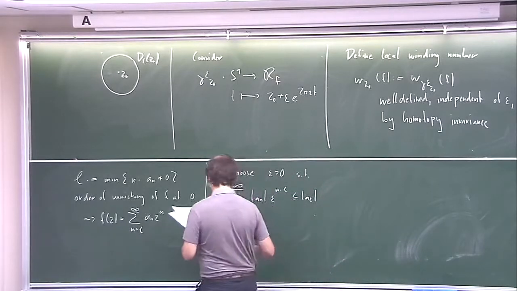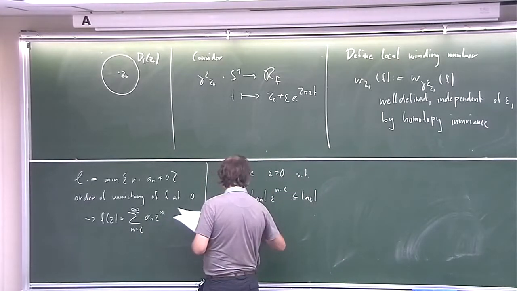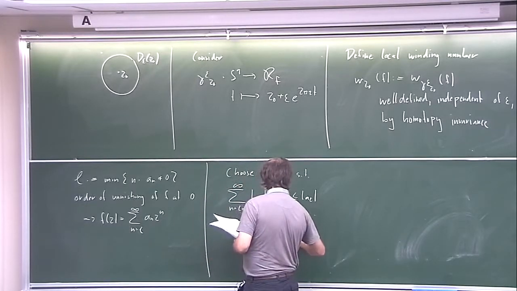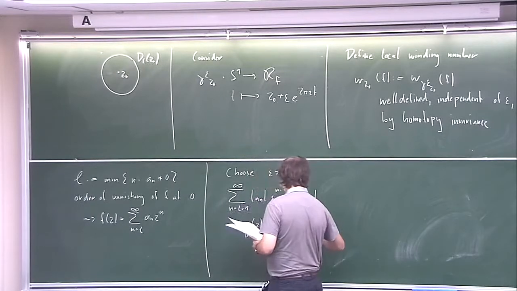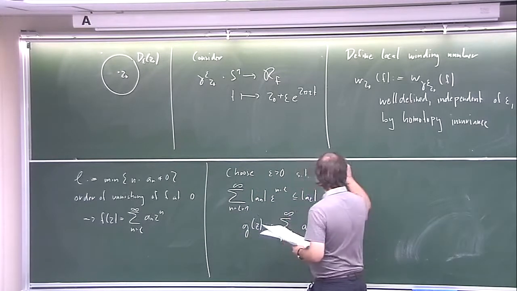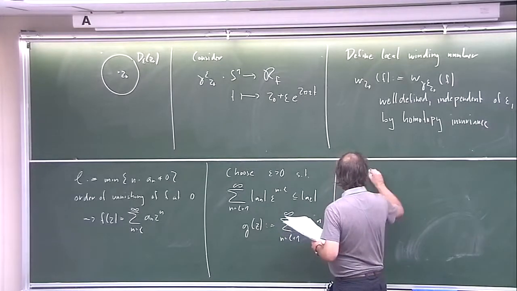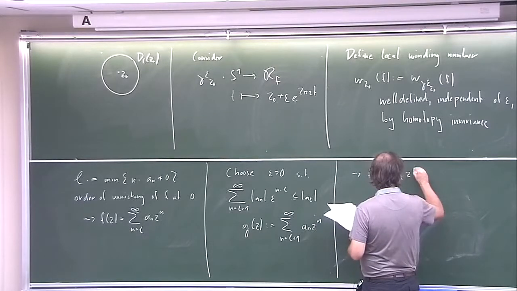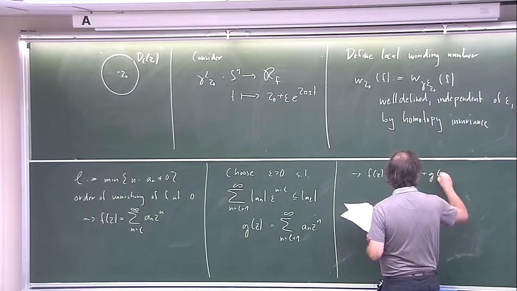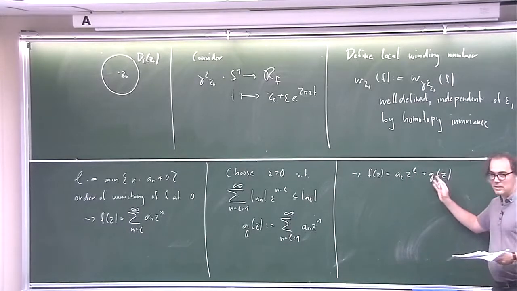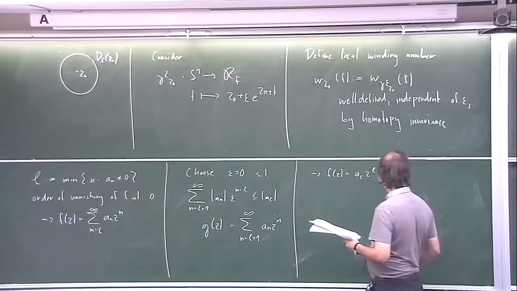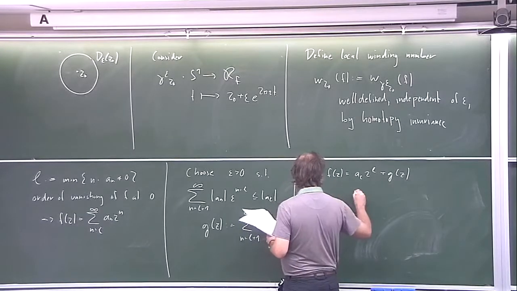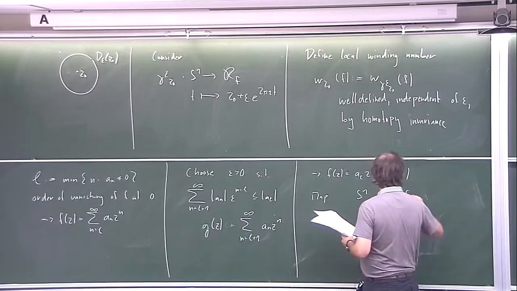And then abbreviate g of z as the sum n from L plus 1 to infinity of a_n z^n. So I can write f of z as a_L z^L plus g of z, and g is small, so I basically can forget about g. So we have now a map from S1 to S1.